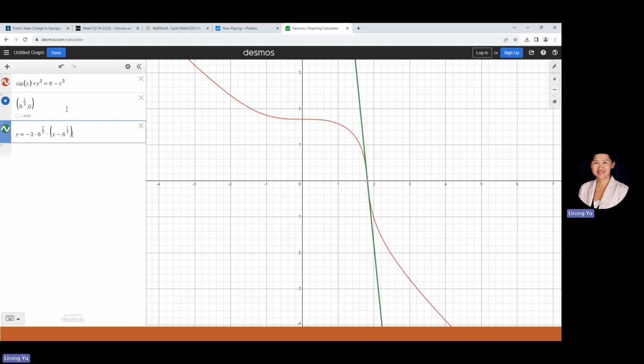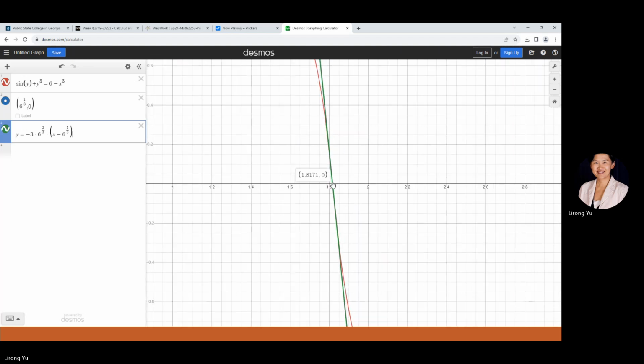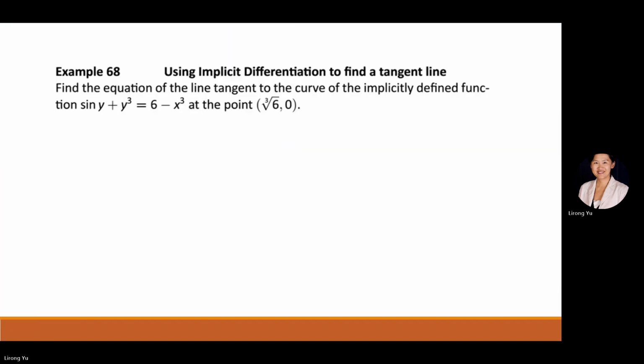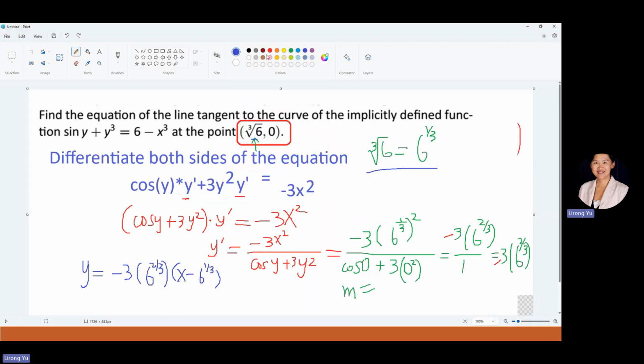And you can see it's tangent to the curve. Any questions so far? So this is the equation of the tangent.